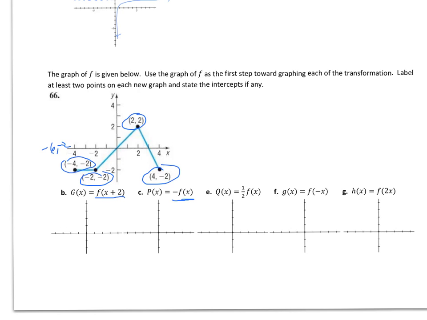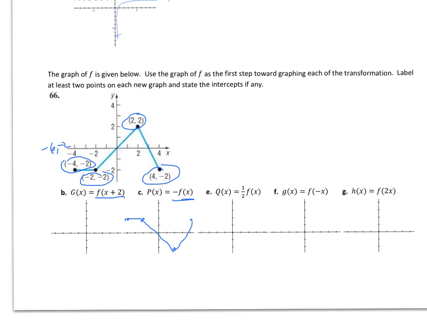We'll graph this one. We go from 2 and 2 to 2 and -2. We go from -2, -2 to -2 and 2. And we go from -4 and -2 to -4 and +2. So now it looks like this.